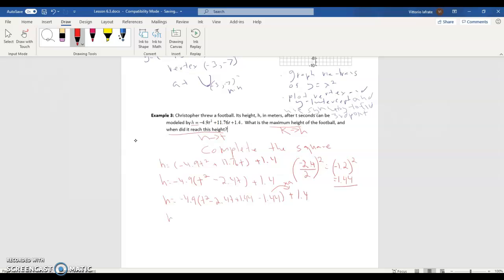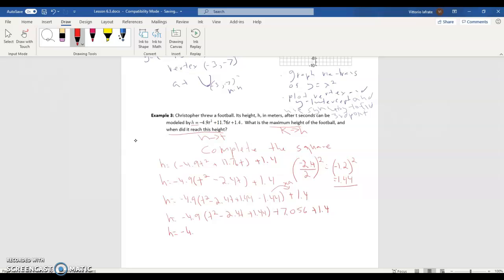Now we're going to take this out and multiply it by a as we do so. So we get h is equal to negative 4.9 times t squared minus 2.4 t plus 1.44. And then the negative 1.44 times negative 4.9 gives us plus 7.056 plus 1.4. And then we can factor with our perfect square there.